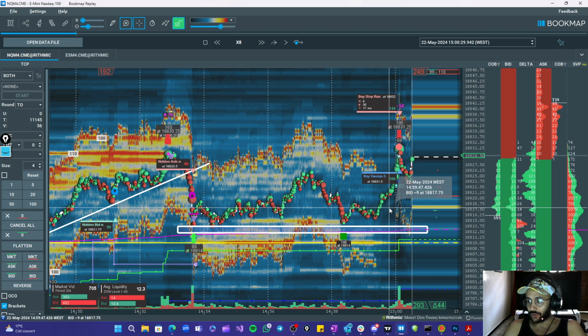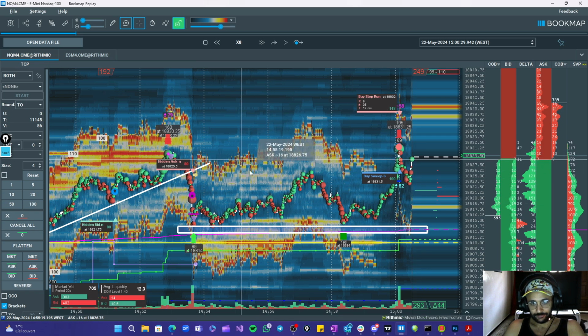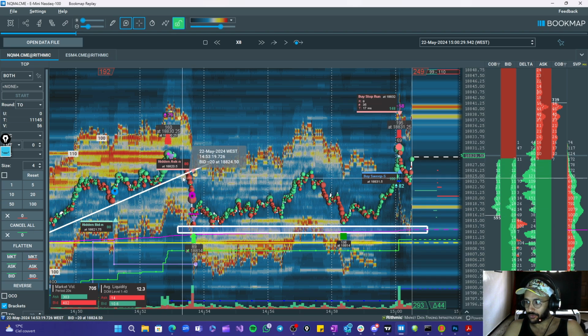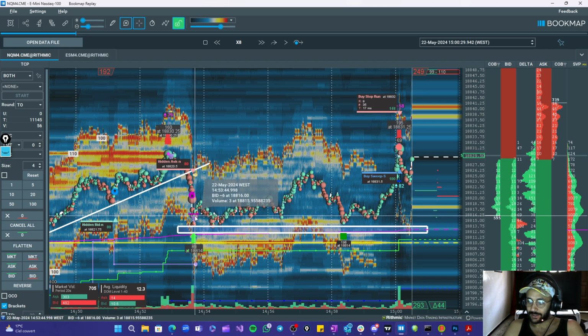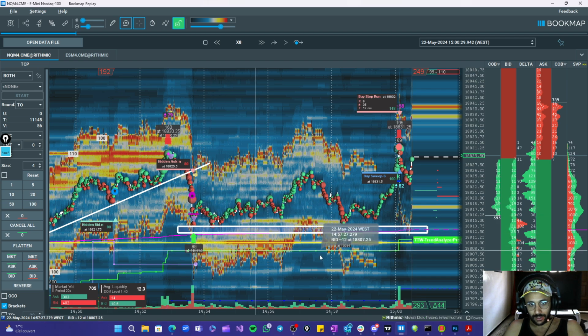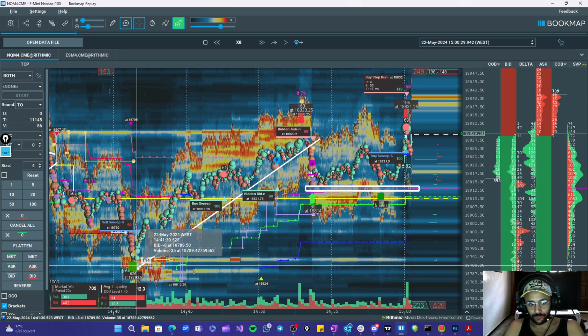What they are trying to do is, now the people that shorted this move, because when we break this with aggressive selling, there is a lot of people who shorted this move. So the market will crash again to those levels.